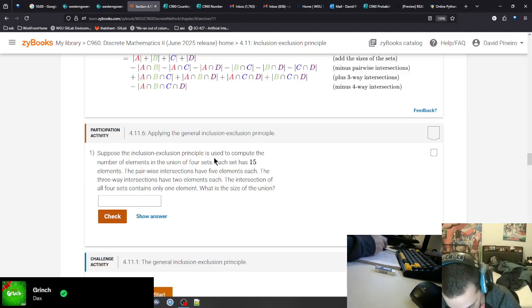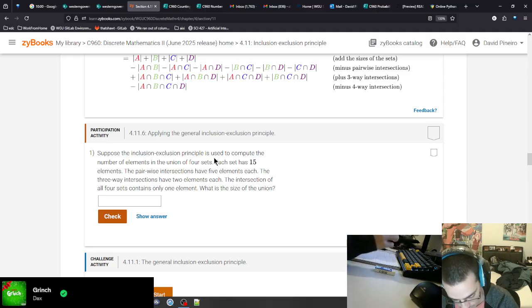So I'm going to try to write this down. Each set has 15 elements.